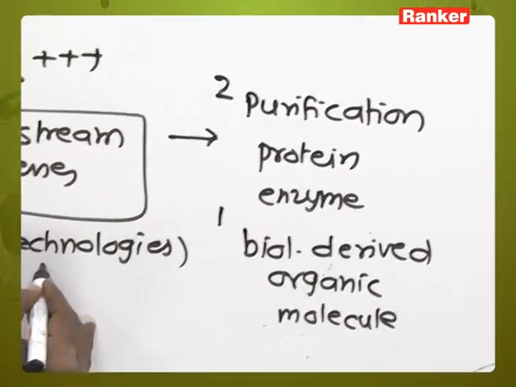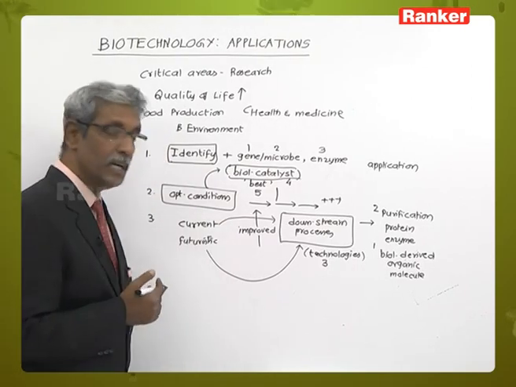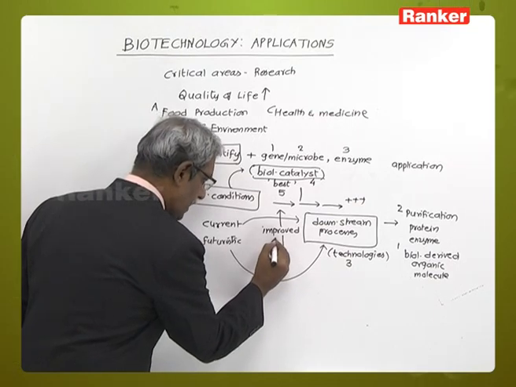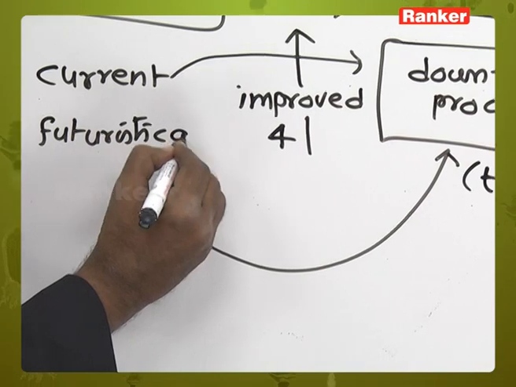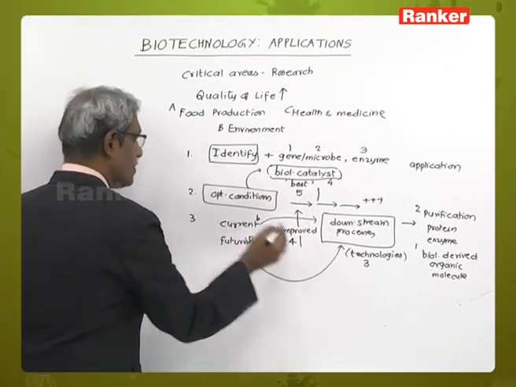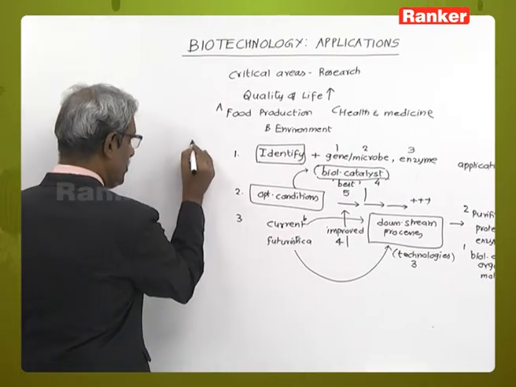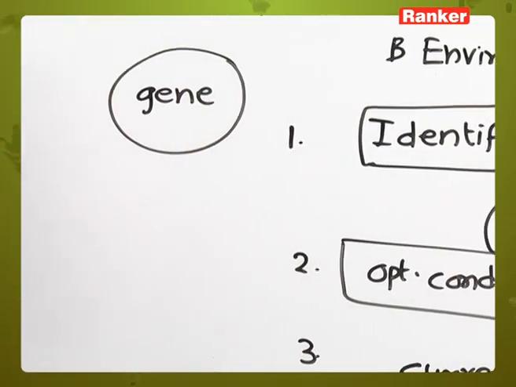It should come out from a very appropriate as well as very efficient downstream technology, wherein you are trying to see to it that the technology is very, very efficient. It could relate to the futuristic situation or to the current situation. So, there are three important research areas. One relates to the gene of interest or the microbe of interest.